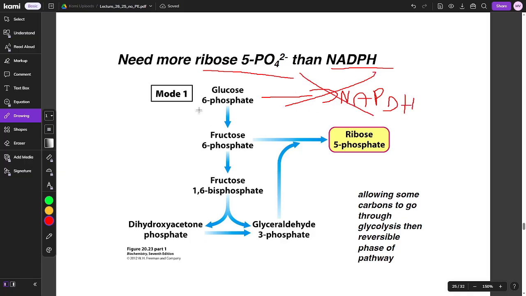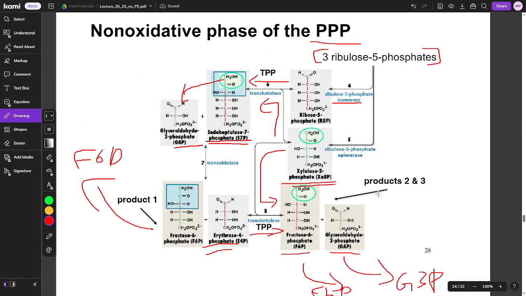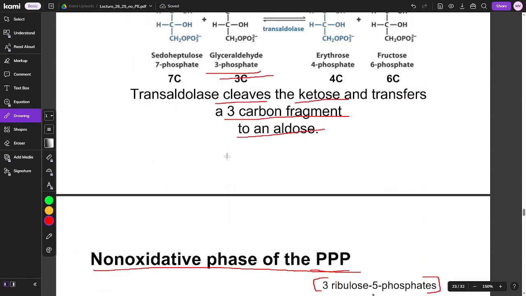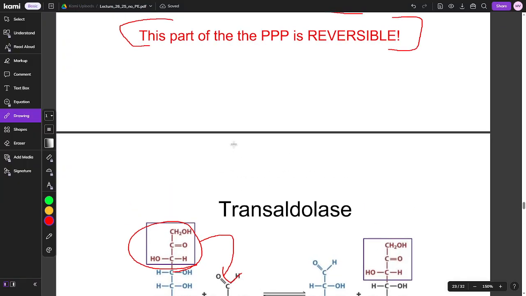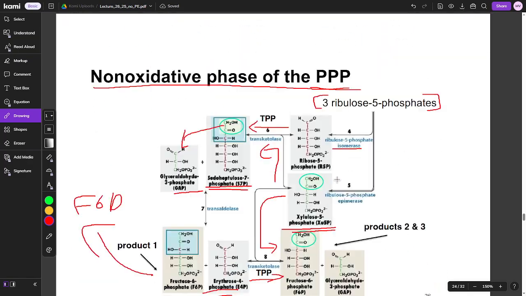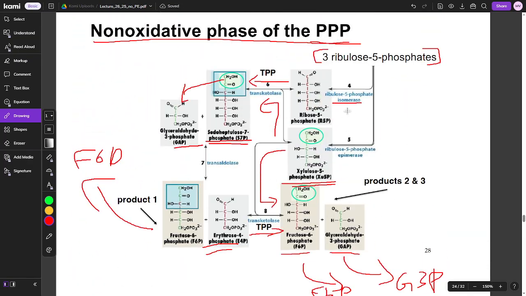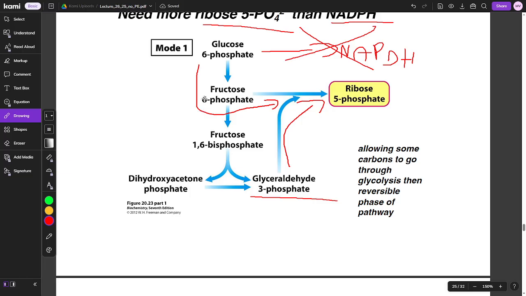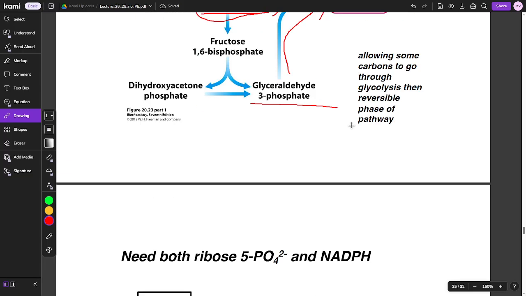Instead, what we do is we go down to fructose 6-phosphate, and we go ahead and make ribose 5-phosphate. And same thing here. You can also use glyceraldehyde 3-phosphate to make ribose 5-phosphate, because remember, these are all reversible. Non-oxidative phase, it's all reversible, not irreversible. So we can just go ahead and take these glyceraldehyde 3-phosphates and these fructose 6-phosphates and turn them into ribose 5-phosphates.